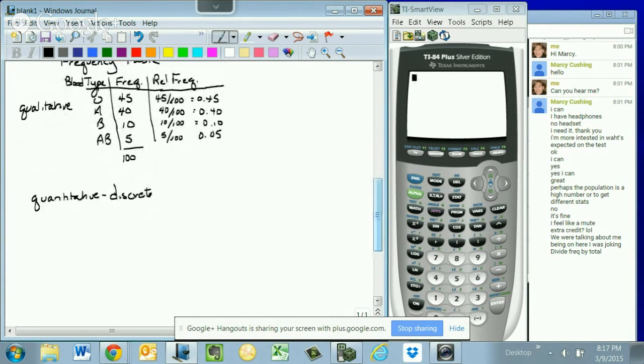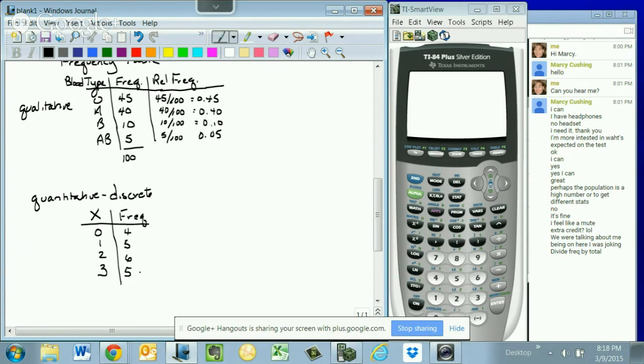So maybe I count the number of people waiting in line at a given point in time at a bank. That would be discrete. So this is one way to do it. I can just have single numbers in this first column. Again, just making this up. 4, 5, 6, 5, or something like that. So those are individual numbers.